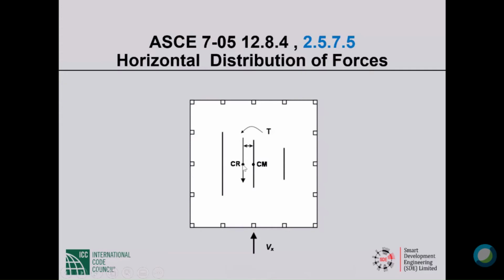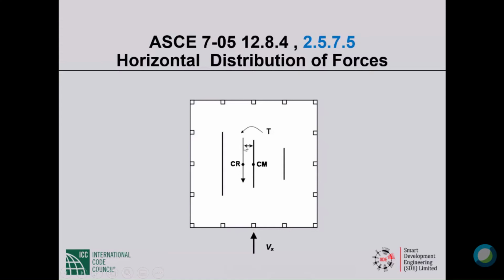Resistance to the story shear acts through the center of rigidity. Center of rigidity is decidedly to the left of centroid, because this shear wall being so much longer than that shear wall, it is much more rigid. Rigidity is proportional to the cube of the length. So the center of rigidity is to the left.